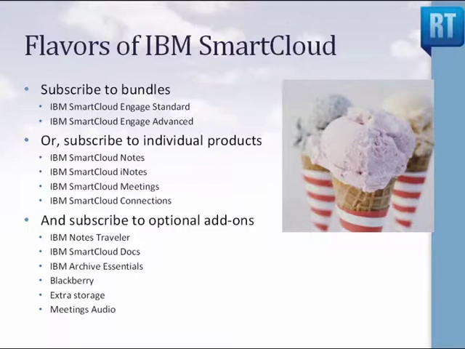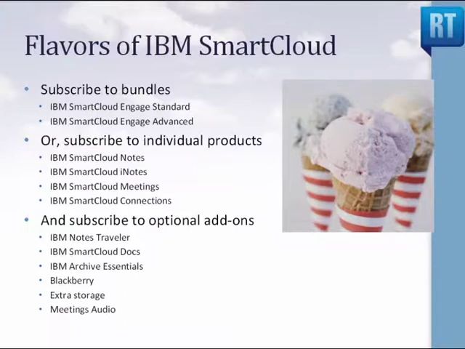And basically, there's two ways. You can subscribe to any of the individual products, or you can buy bundles. Okay, and bundles are where the action is because you can get great discounts, great price breaks by buying several of the services instead of buying one or two of them individually.